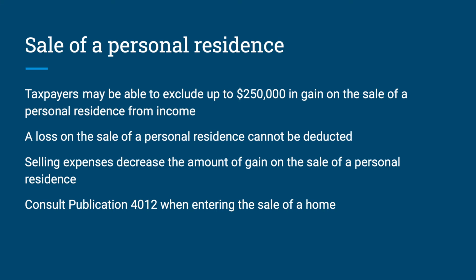So that's really great. But on the other end of the spectrum, a loss on the sale of a personal residence cannot be deducted, because obviously they're letting us exclude some from income there. They're not going to want to let you deduct that on the other side as well to get that double benefit.